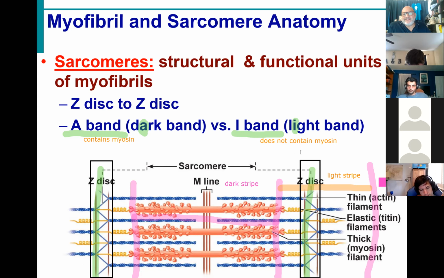Yes, the protein is the Z disc, but the band it forms is also sometimes referred to as the Z line. And if you remember, when we looked at the microscopic view of our skeletal muscle cell, at the very center of our light stripe was a little dark line. That little dark line you see in the middle of our I band is actually the Z line.